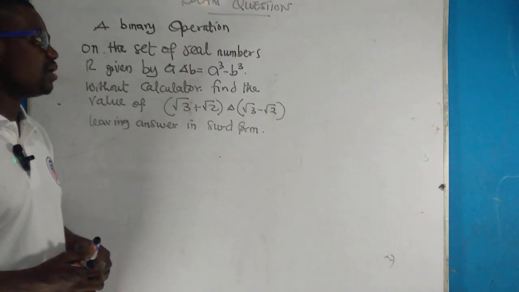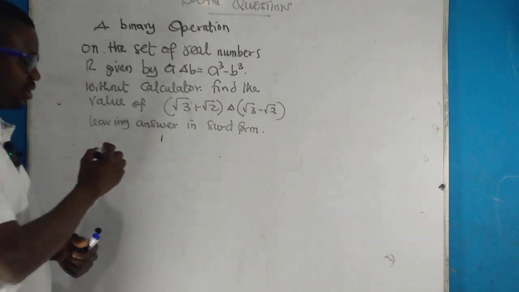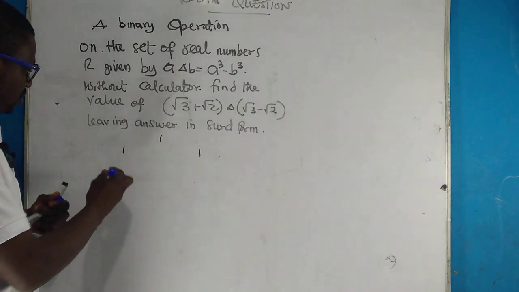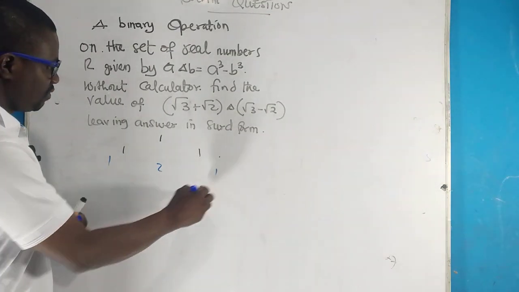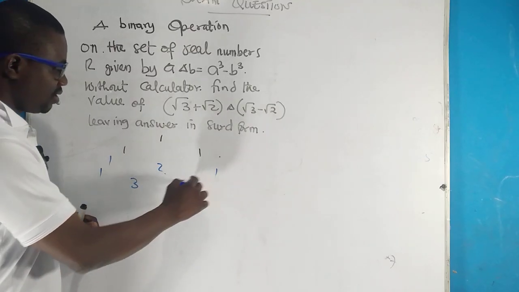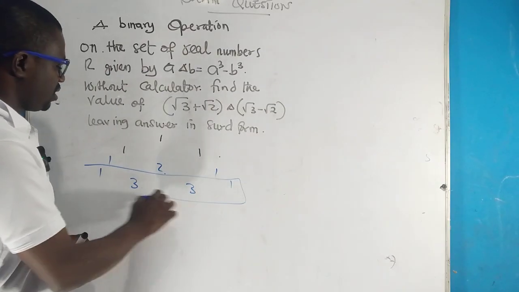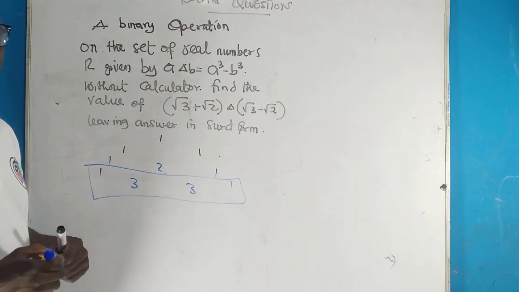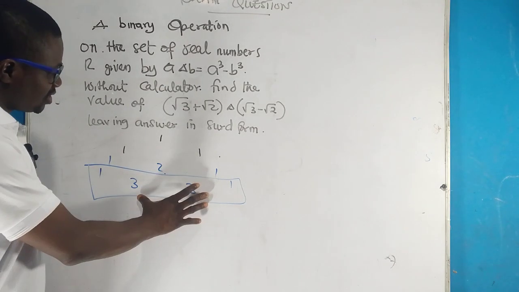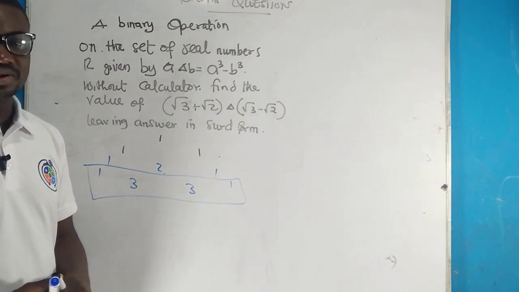If you remember, we have the triangle starting with 1, then 1, 1, then 2, 1, and when you add, you have 1, 3, 3, 1. So the exponent 3 corresponds to this particular expansion, and we are going to use this expansion to do the simplification.